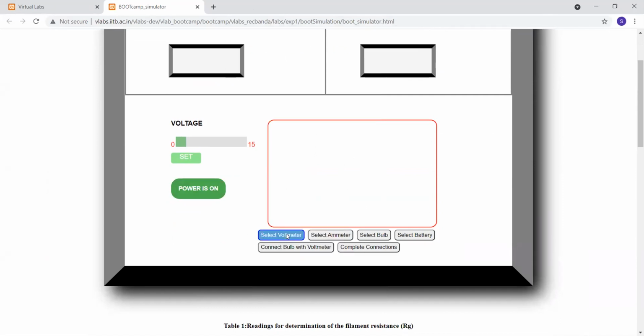Before starting the virtual practical, we have to answer a question and then we start. Select voltmeter, select ammeter, then select bulb, select battery, connect the bulb with voltmeter.